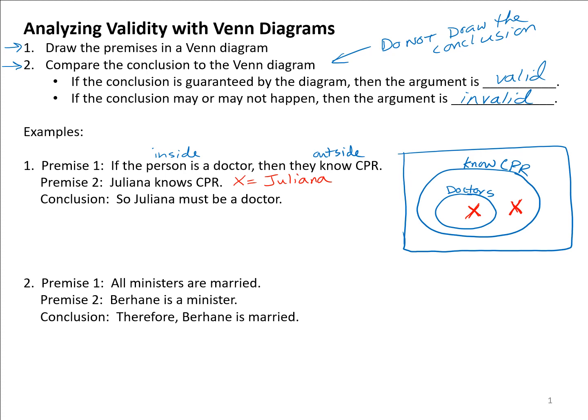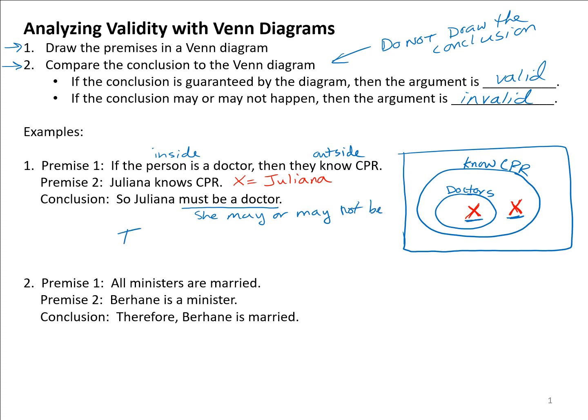So now let's look at the conclusion. We've drawn the picture. The conclusion says that Juliana must be a doctor. When we look at the picture, it is possible that she's a doctor, but it's also possible that she's not. And remember, for an argument to be valid, the conclusion must follow. And since we're not sure, she may or may not be, we say this is invalid.